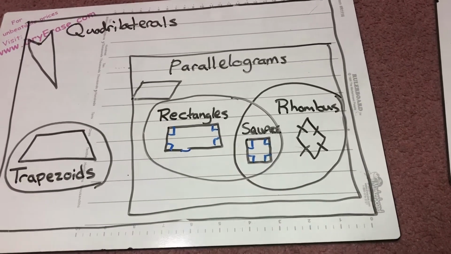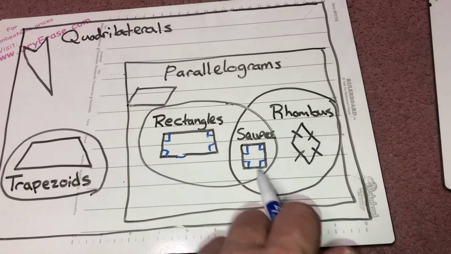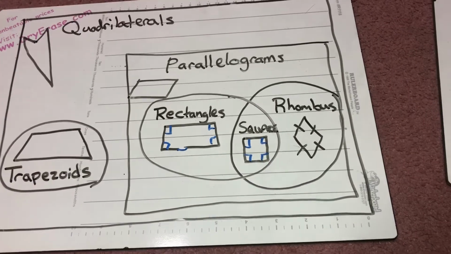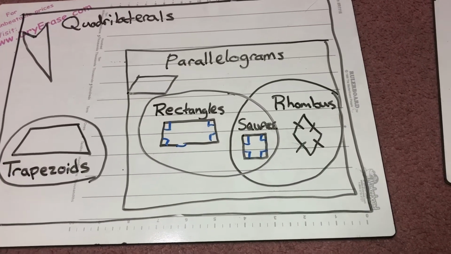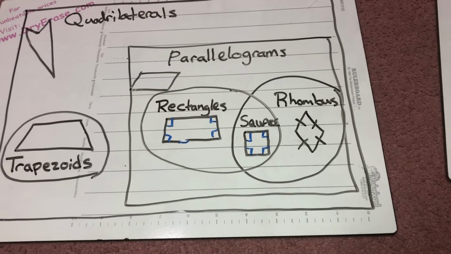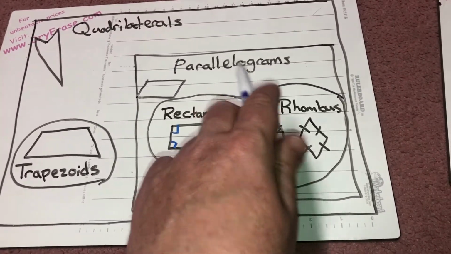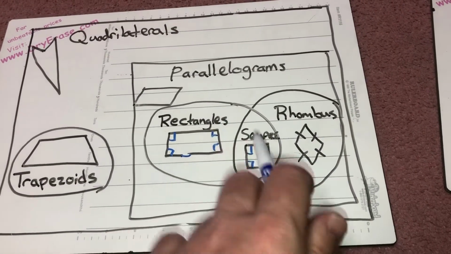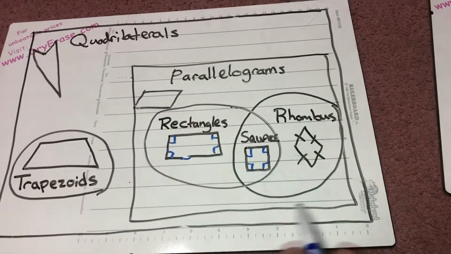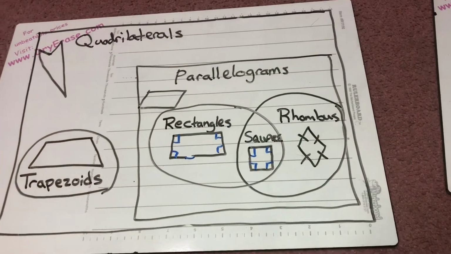A square has four congruent sides, so a square is a special type of rhombus where there are four right angles, just like a square is a special type of rectangle in which all four sides are congruent. So a square is not only a square, it's a rhombus, it's a rectangle, and it's part of this bigger group of parallelograms and an even bigger group of quadrilaterals.